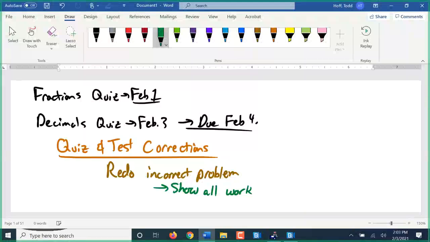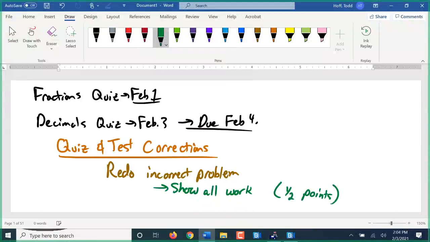You can either do it, if there's room, right on the page of the quiz or test. Otherwise, you can attach a separate sheet of paper to it with your work so you've got room to work it out. If you do that, I ask that you try to staple it to the original quiz so I know which quiz it is, or make sure you clearly label, at least on top, what quiz it is so I know that. Do that, you get up to half your points back.